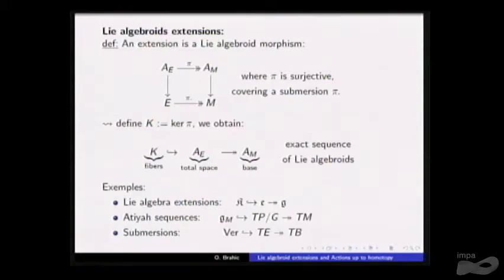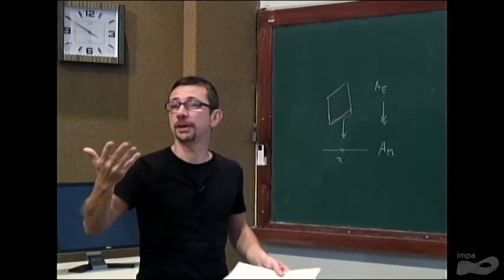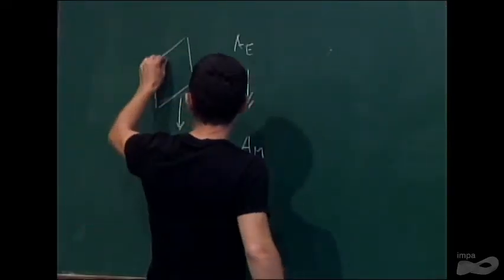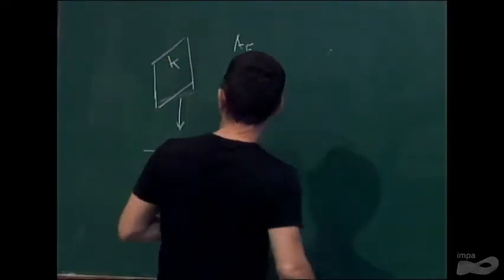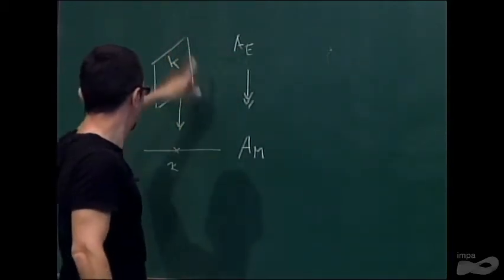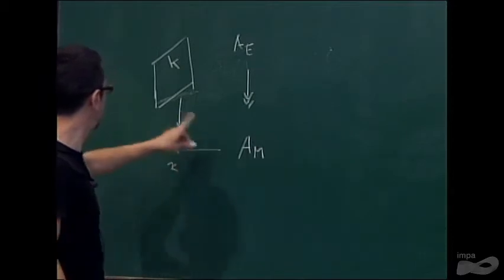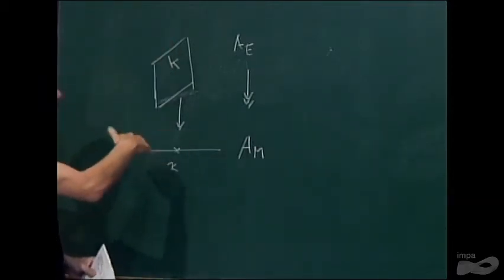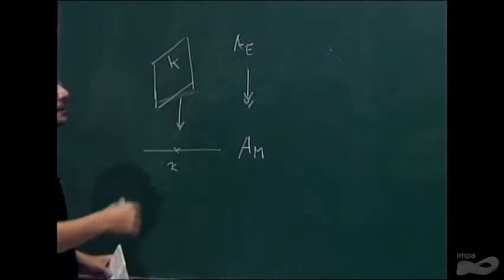Okay? So in the case of submersion, what I mean by fiber is not just the fiber, but the tangent to the fiber. Okay? So the basic picture is that here you have K, the kernel, which lies inside A, and you're projecting everything on A_M. And of course, K is killed when you look at the base, so the base doesn't see the kernel.